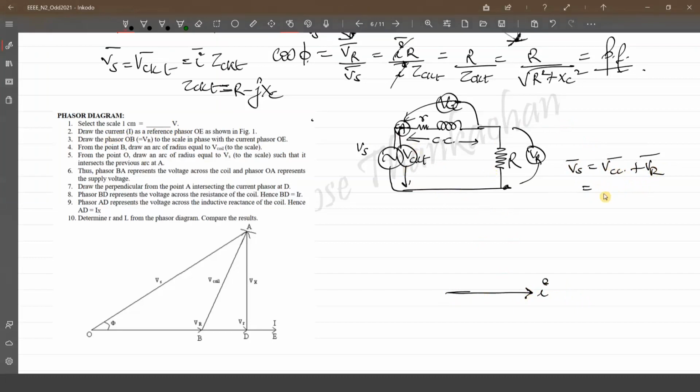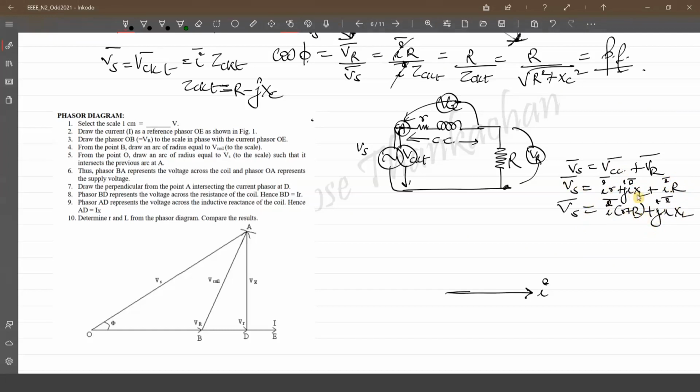V choke coil is I into r plus j times I into XL, plus I into R for the load. This is Vs. So you can see this written as I into (r plus capital R) plus j times I into XL. This is Vs, same as we wrote earlier.